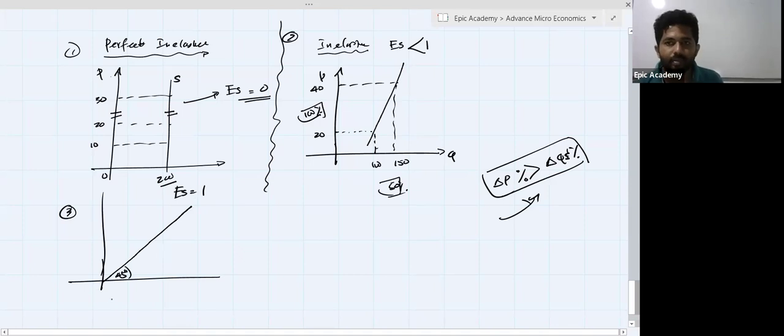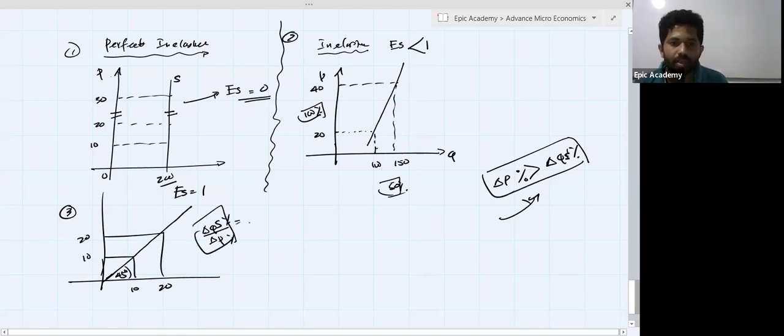Say the curve value is 90, divided by 2, so then it is 45. If you consider the change in price and change in quantity, this is 10 to 20. This also is 10 to 20. Similar values. That means the percentage change of quantity supplied and the percentage change of price are similar. Then the answer must always be 1. That is why it is equal to 1.